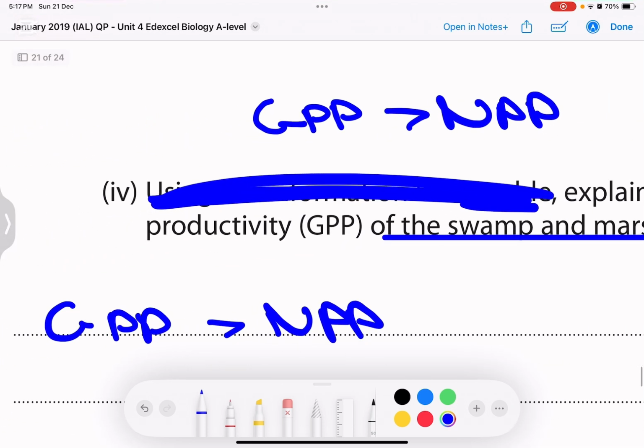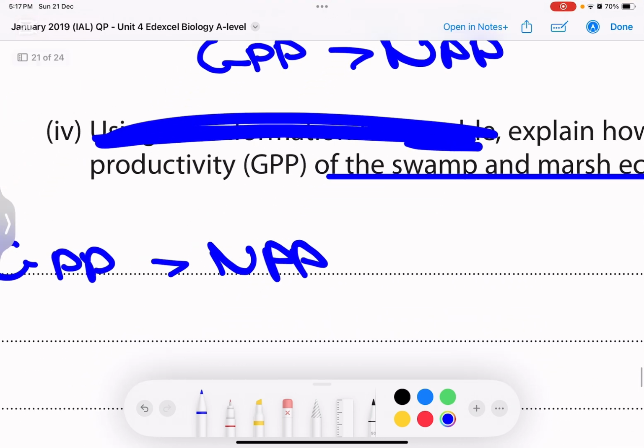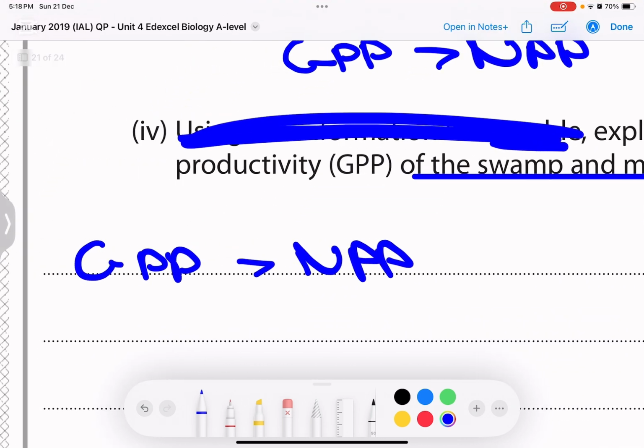And then why there is a difference between them.